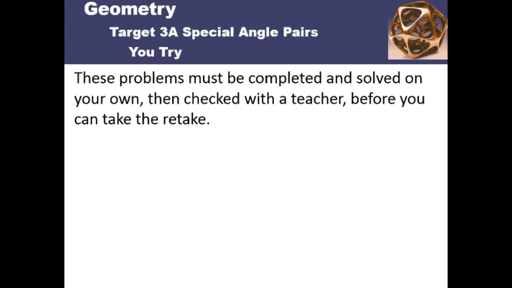You cannot come in and ask to take the test unless we have these practice problems done correctly and then a piece of paper signed by the math lab saying that these practice problems have been completed. So you got to show them to somebody, either any geometry teacher or a math lab teacher.